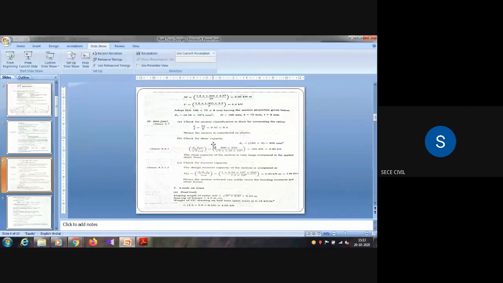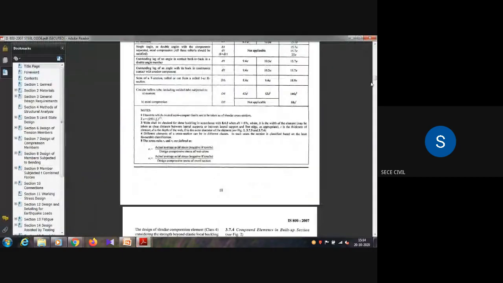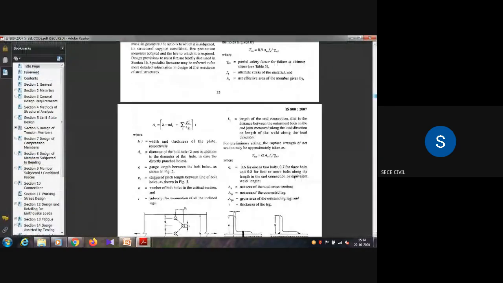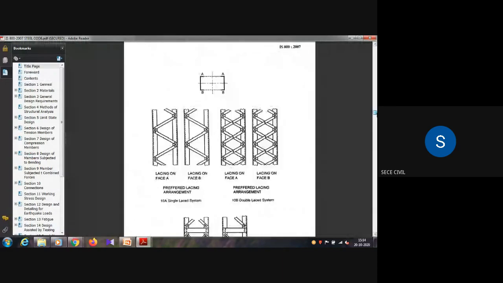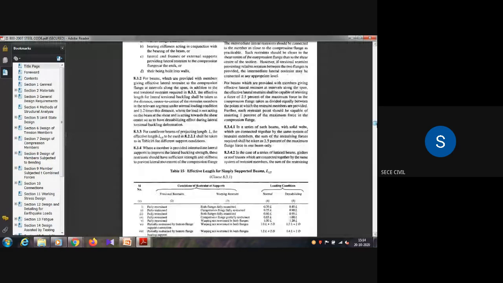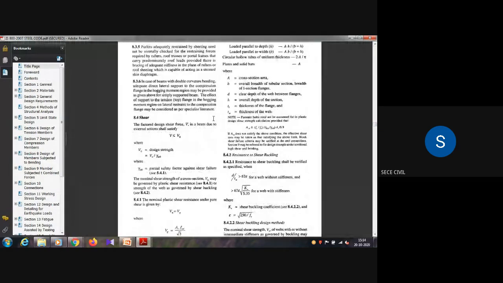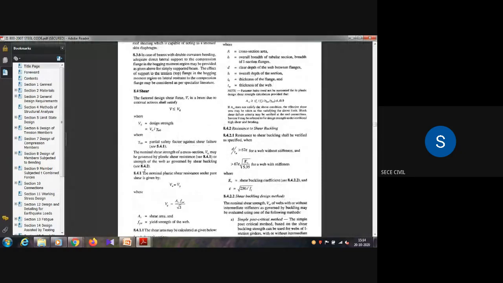After checking what type of section it is, whether plastic, compact or semi-compact, the next step is to check the shear capacity. For that we refer to IS 800 2007, clause 8.4.1.